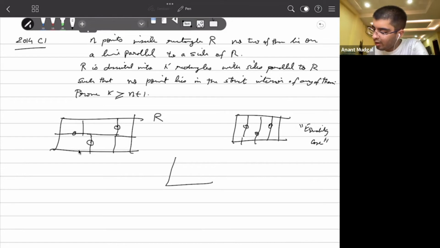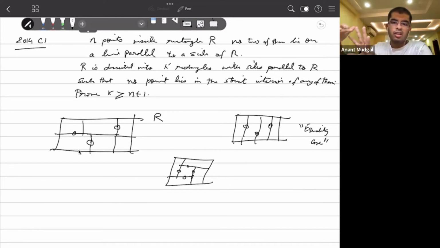So I think this was what stumped people when this came in a TST long back. There's a strange equality case like this as well. For 4 points, you have 5 rectangles, and it's not the standard equality case. There's a strange equality case as well.